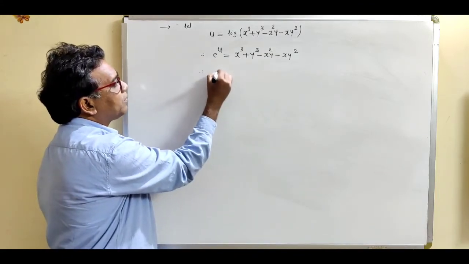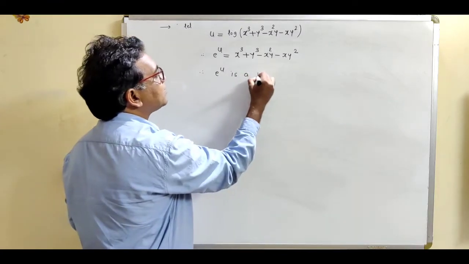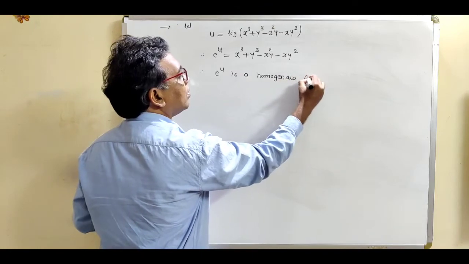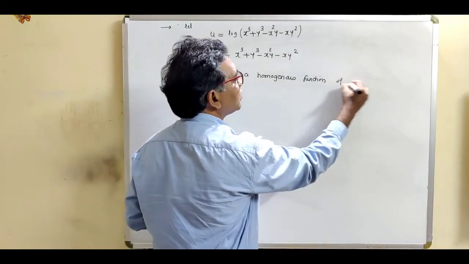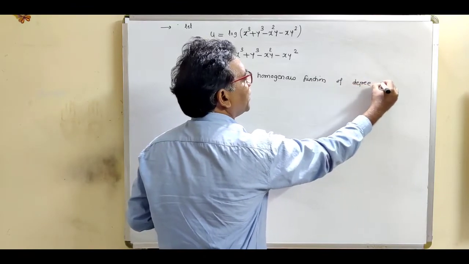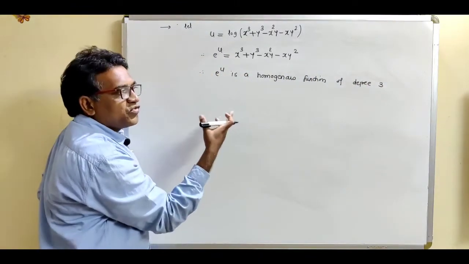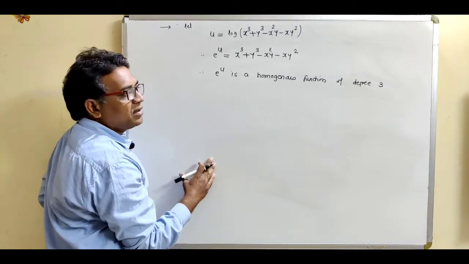Therefore, e raised to u is a homogeneous function of degree 3. So if this is a homogeneous function, we can apply the Euler's theorem.